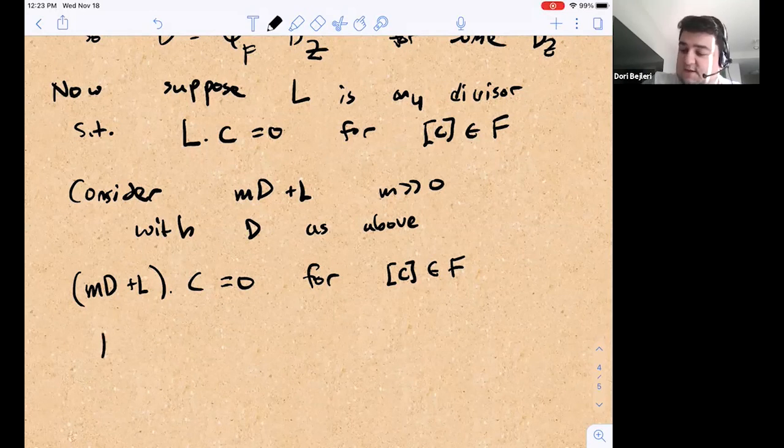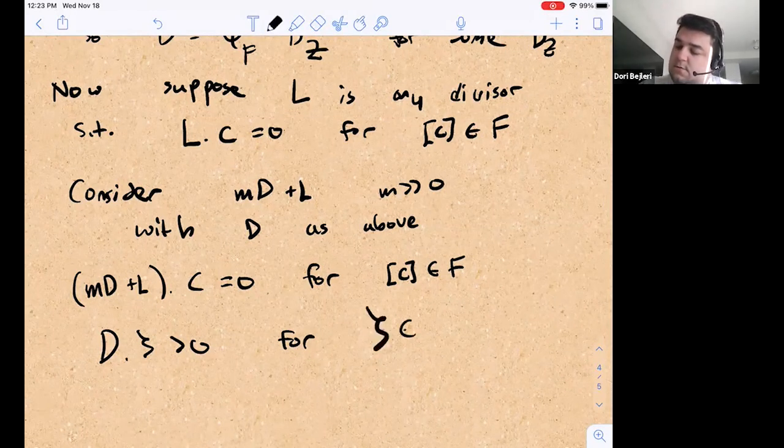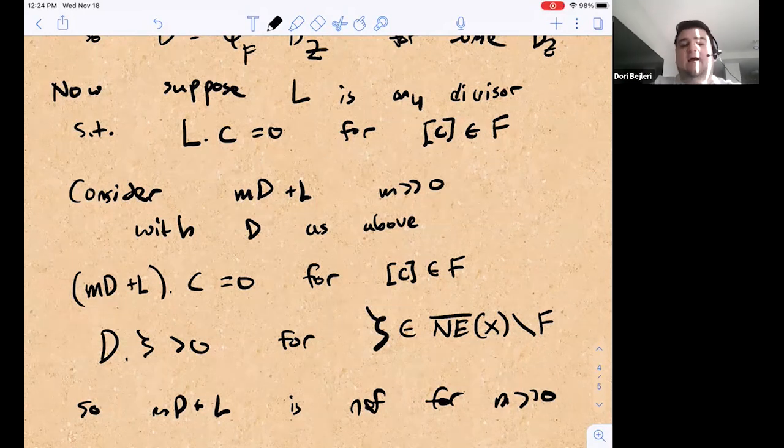But the point is we know that D dot any pseudo-effective class is strictly positive for anything not on our face. So MD plus L is nef for large M, sorry. And so it's a nef divisor that vanishes exactly on our face.